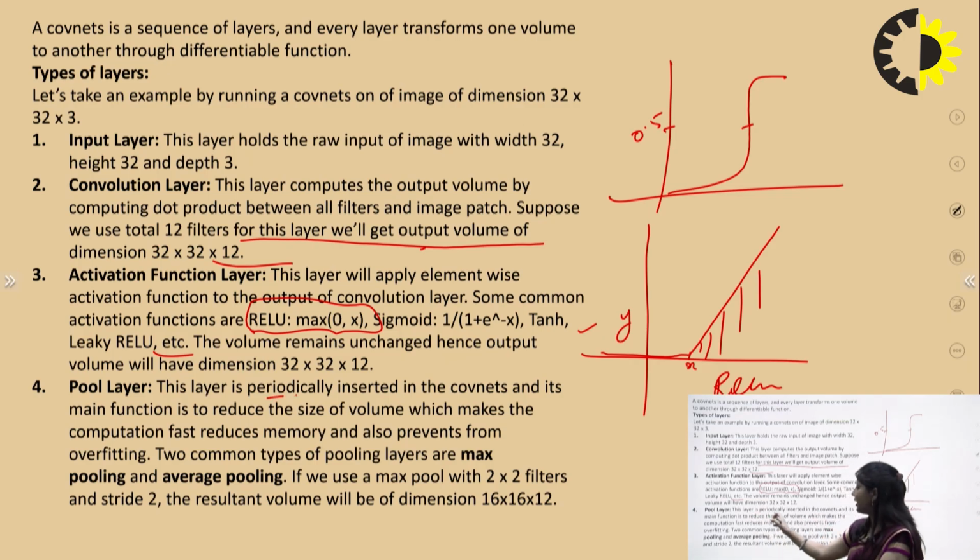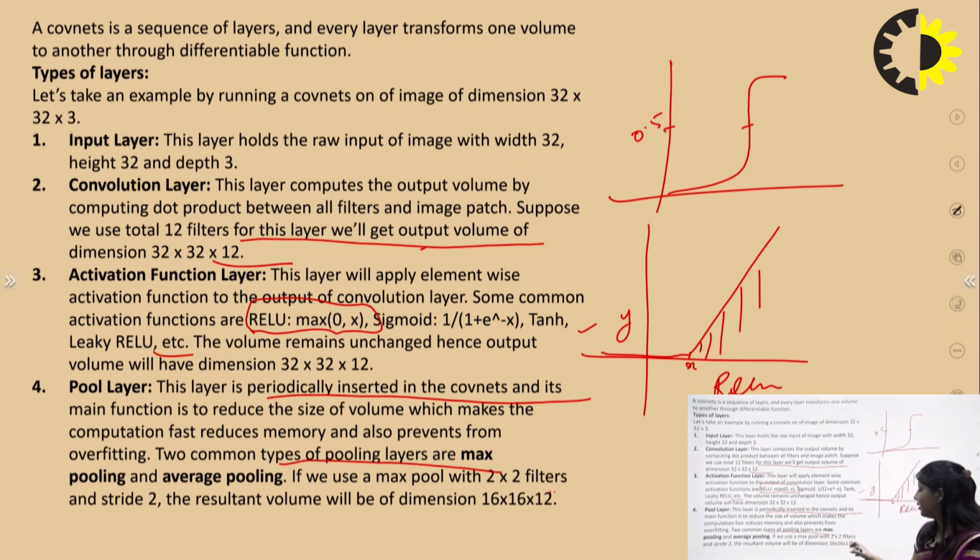So next is the pooling layer; max pooling and average pooling I already told. We can apply pooling, and after max pooling with a 2 by 2 filter, the size will reduce and the dimension will be 16 by 16, because 32 by 32 gets divided by the 2 by 2 pooling layer.